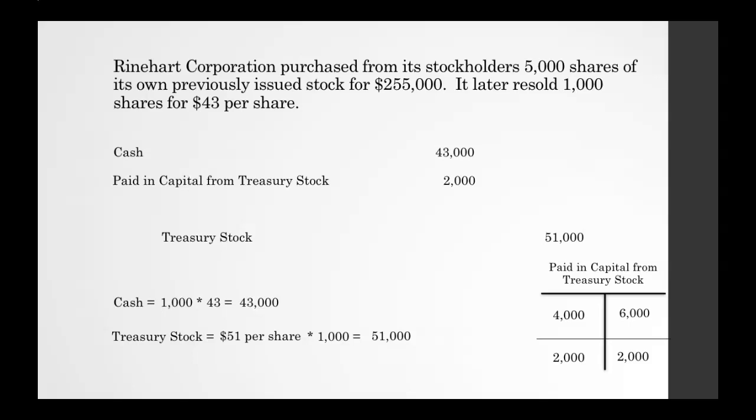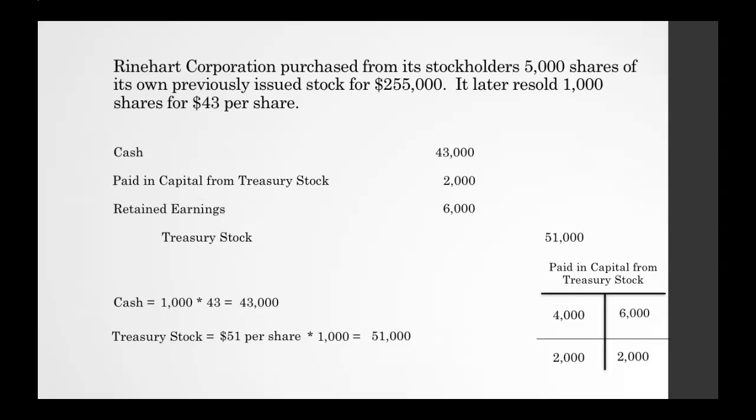Then we have to dip into our retained earnings. So the difference between our debits and our credit here will be taken out of our retained earnings. And that's why we need to debit our retained earnings for 6,000.